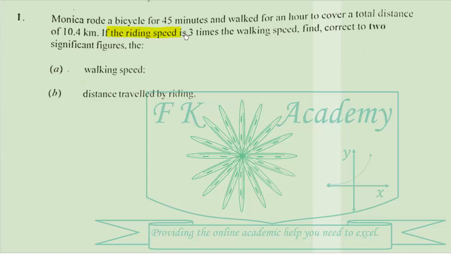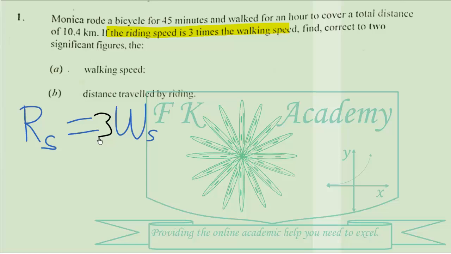If the riding speed is 3 times the walking speed, I will use RS for riding speed and WS for walking speed. The question says that it is 3 times, so the riding speed is 3 times the walking speed.